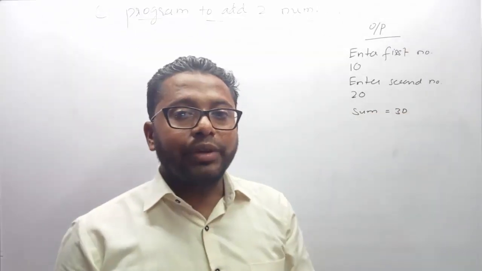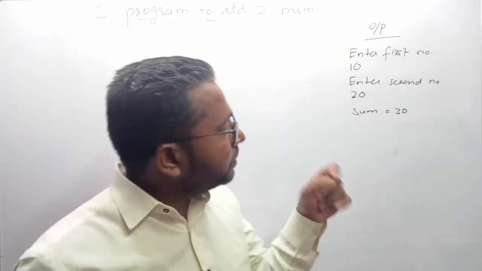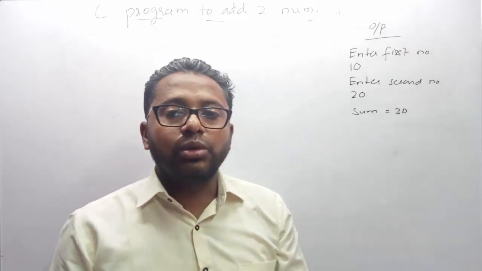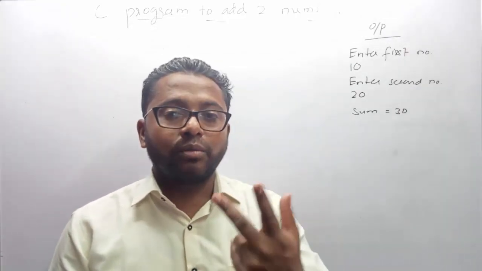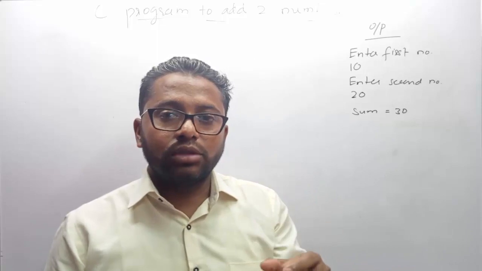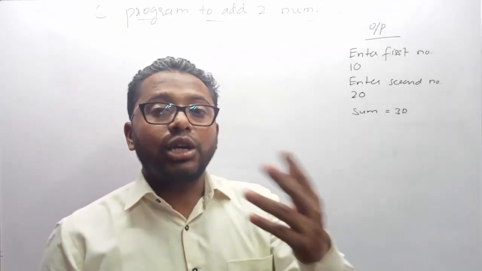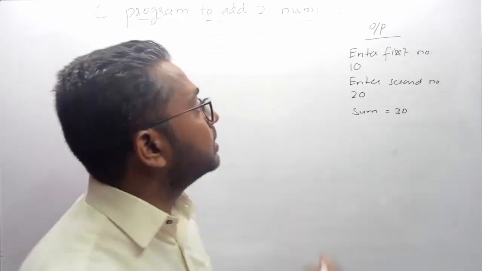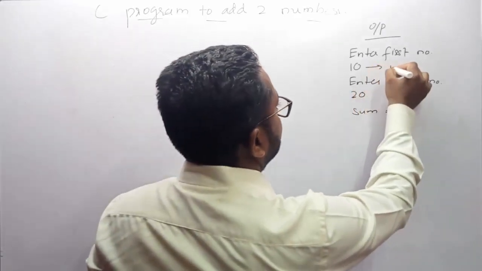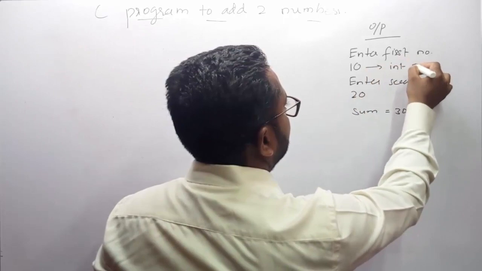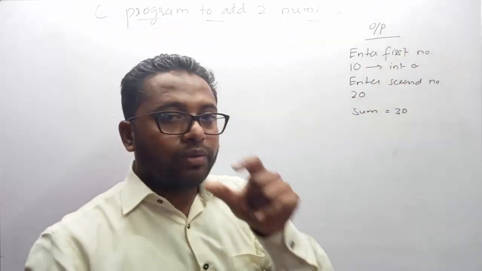So how will this output help us? With the help of this output, we come to know that we need to accept two values from the user, and to store these two values, 10 and 20, we need to create two variables of type integer. Let us say I will create an integer variable a to hold the value of 10.